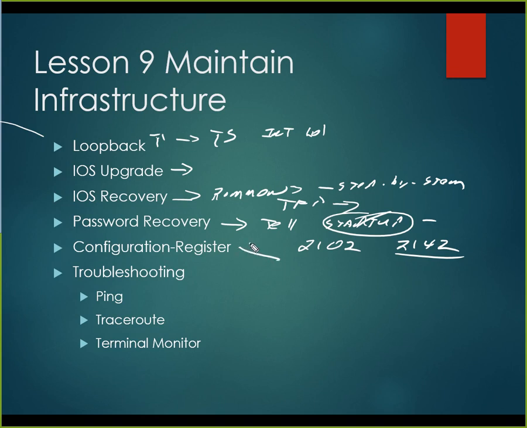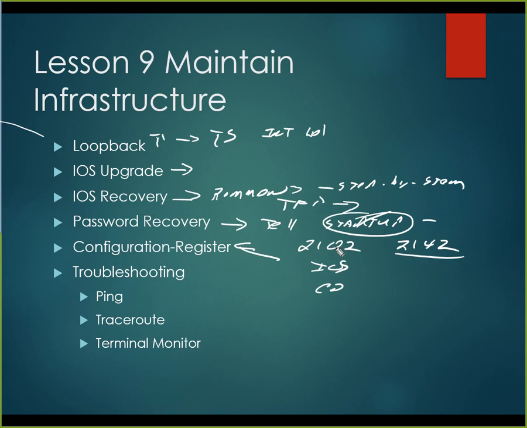The configuration register tells the system where everything is. Where is the iOS? Where is the config files? And we can specify those locations by changing the configuration register. Mostly what you're going to use is 2102 and 2142.